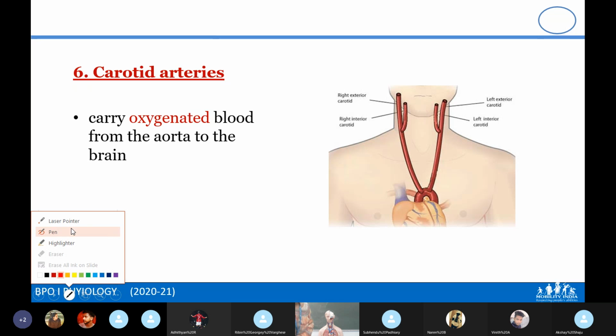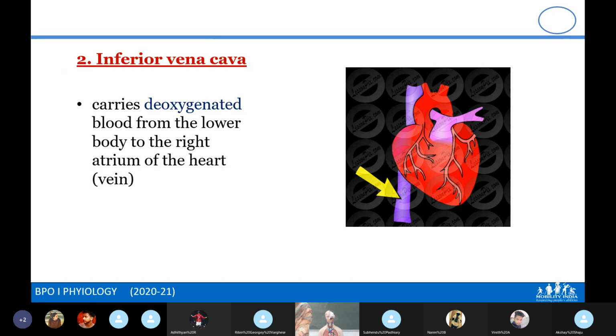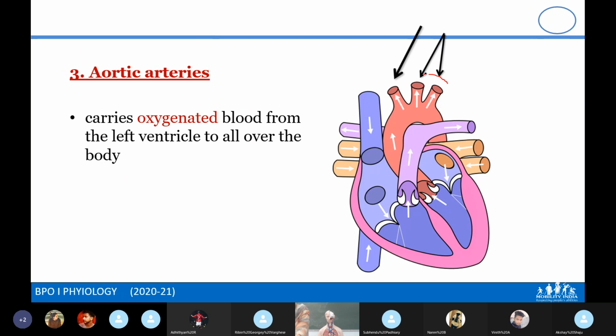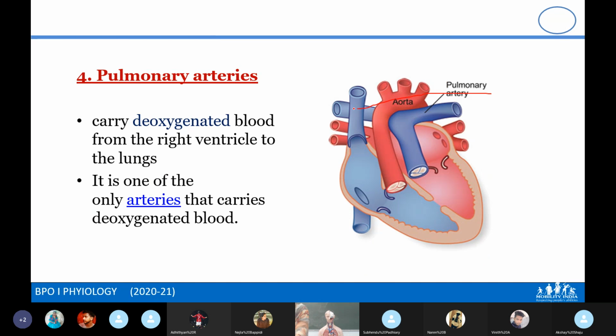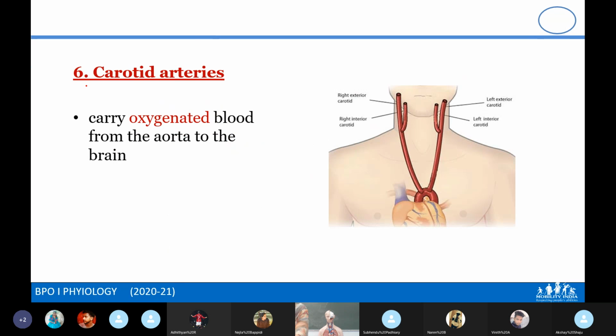If you want to see, I'll show again. Here is a superior vena cava. The inferior is on the inferior aspect. So there are 3 aortic arteries. There are pulmonary artery and pulmonary veins. Then we'll continue from carotid arteries.